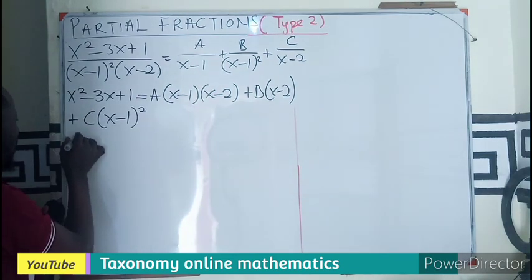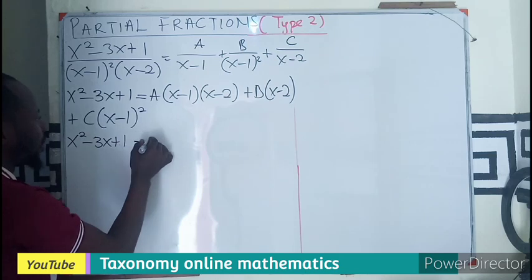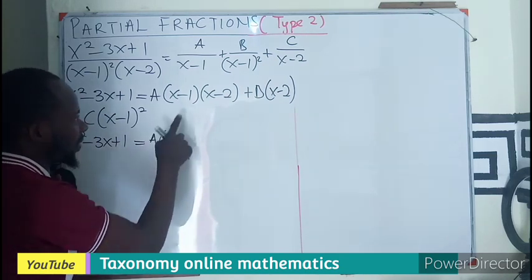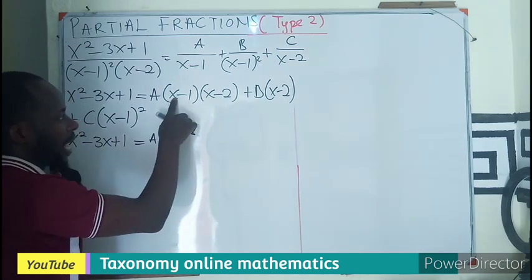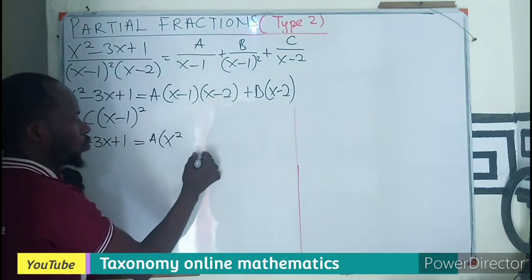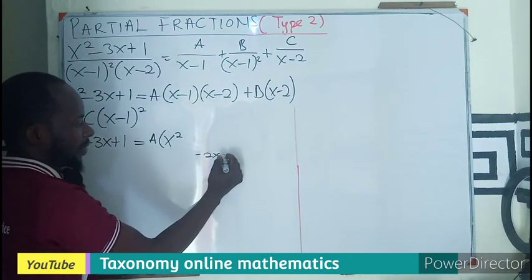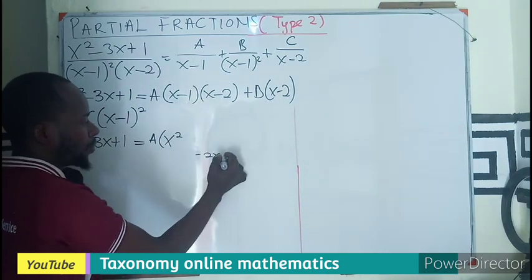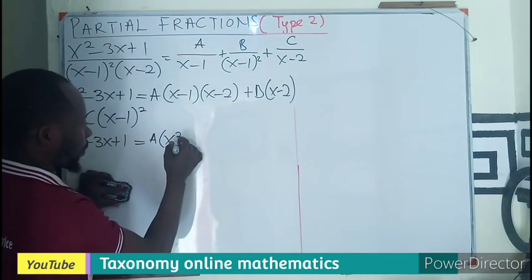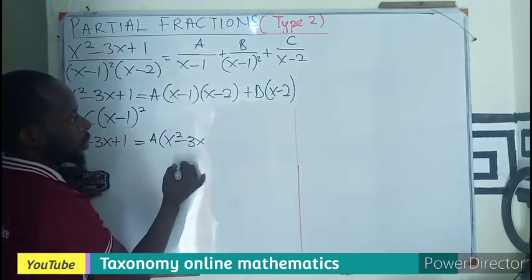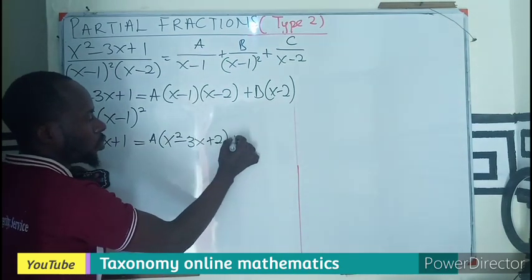So this will be x squared minus 3x plus 1 equals a into bracket: x times x will be x squared, x times minus 2 will be minus 2x, minus 1 times x is minus x. So this gives us minus 3x. Then minus 1 times minus 2 will give us plus 2.